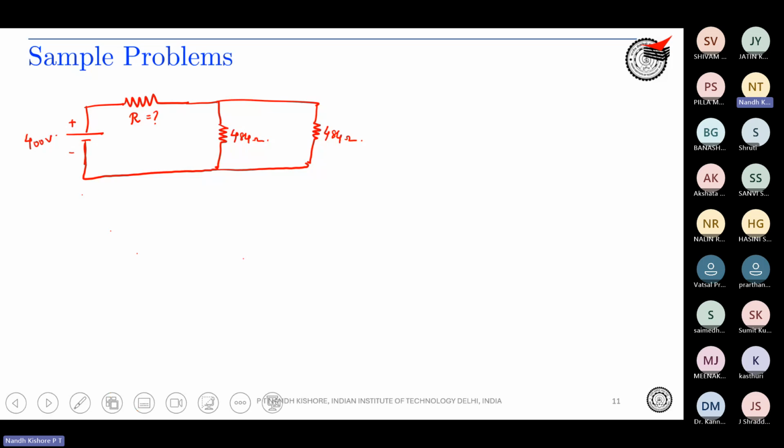They have also given that the voltage across the bulb is actually going to be only 220 volts. Now we have to find out what is the value of R that makes this possible. Basically, this is just a potential divider circuit, so just simplify this.